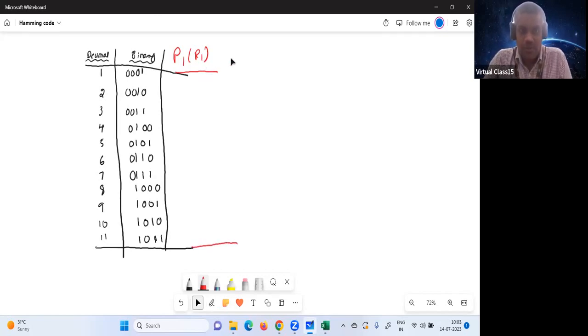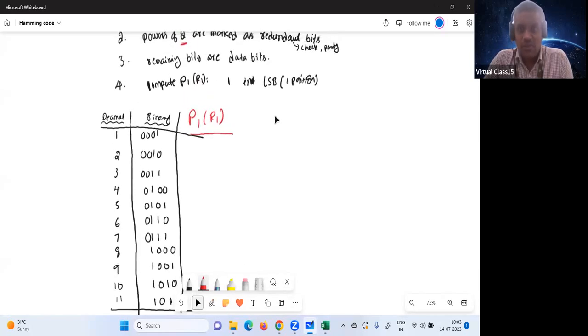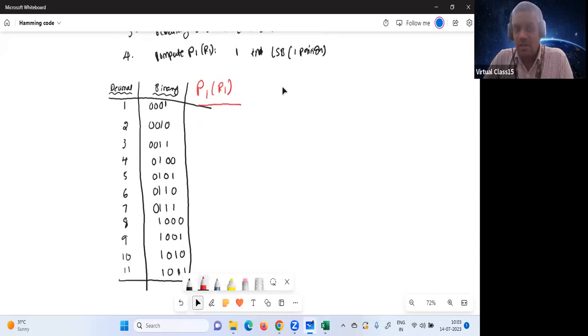To compute P1, you have to consider all the bit positions in the binary representation whose LSB is 1. What is the LSB? LSB is your first bit position.